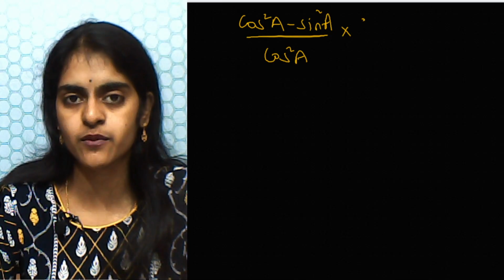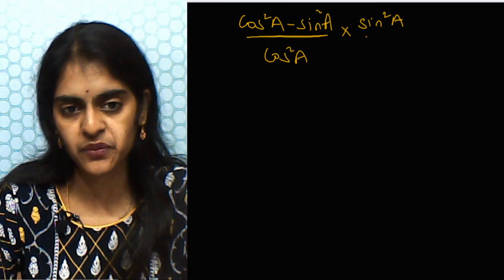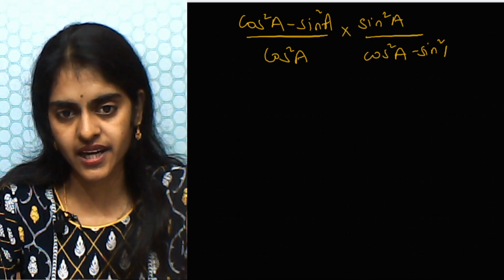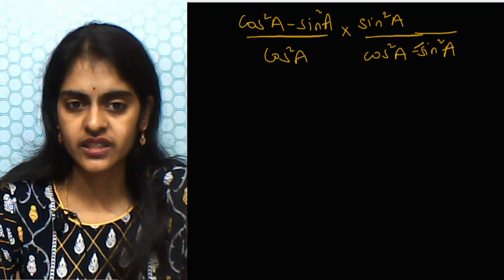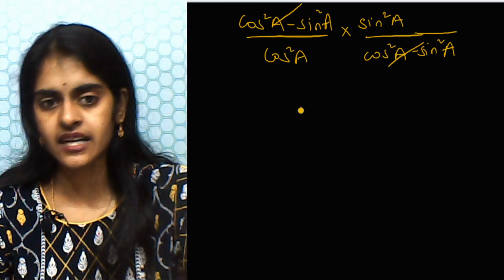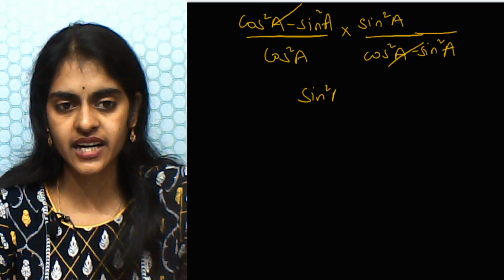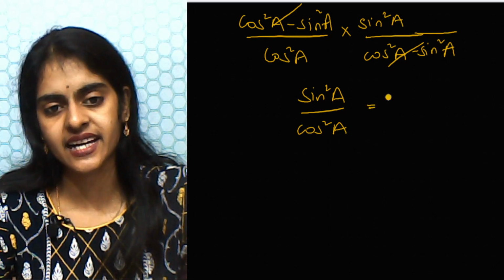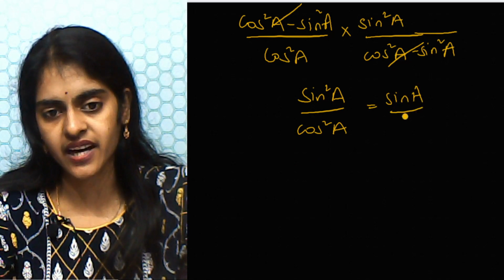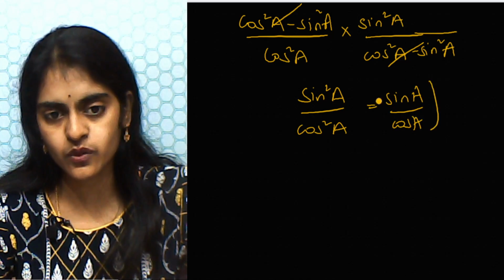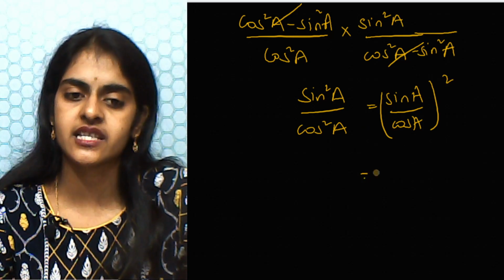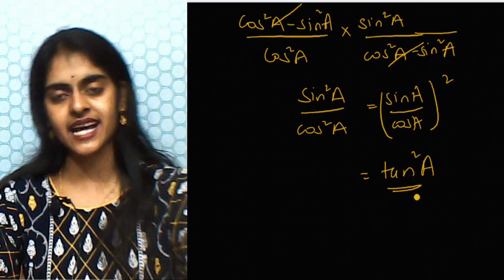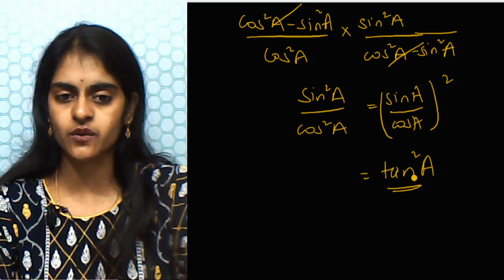So with the reciprocal you get sin square a divided by (cos square a minus sin square a). These two get cancelled and you have sin square a divided by cos square a. This I can write as (sin a divided by cos a) whole square. So this is nothing but tan square a. Sin by cos is tan, you have a square, so this is tan square a.